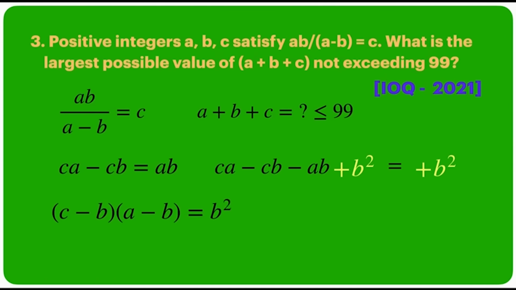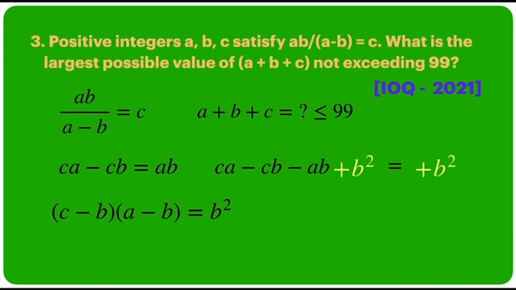Just see here, from the first two terms, if we can get common, we can take common c, we can get a minus b as the factor, and also the third and fourth. From the third and fourth, b is the common, and a minus b will be the factor.